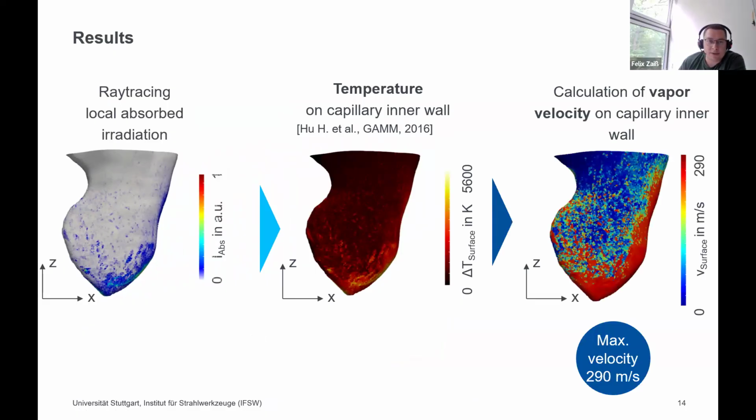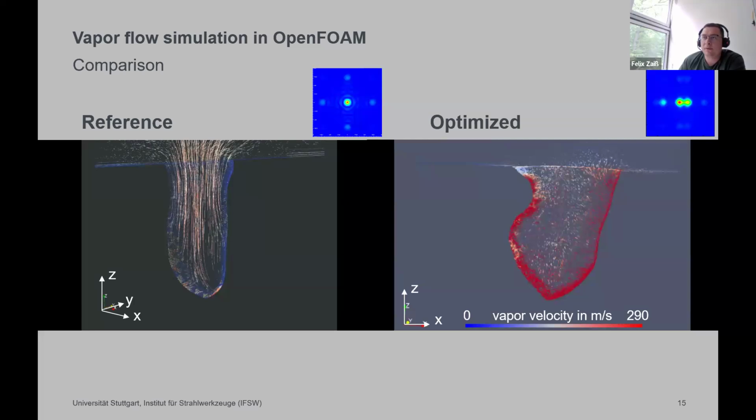And with that, we can calculate the vapor velocity of the inner wall into the cavity of the capillary. And even here we can see that we have velocities of the vapor from the surface at 290 meters per second. So with this information, we then did a simulation in OpenFOAM.